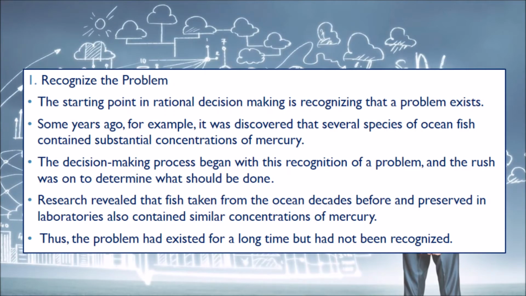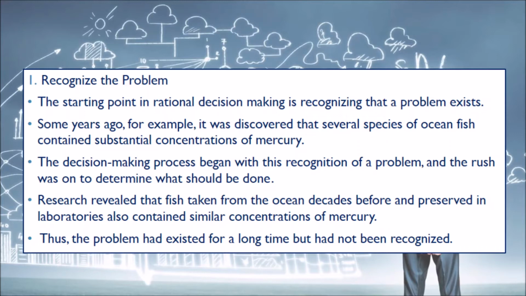Step 1, recognize the problem. The starting point in rational decision making is recognizing that a problem exists. Some years ago, for example, it was discovered that several species of ocean fish contained substantial concentrations of mercury.